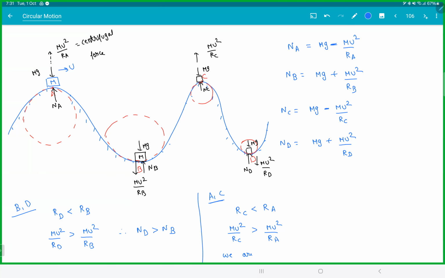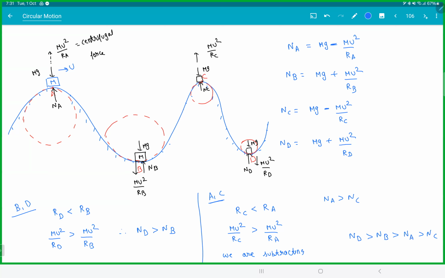Means for C you're subtracting more. Therefore, NC must be less than NA. Or you can say NA is greater than NC. There. So your final answer, D is the biggest, then comes B, then comes A, and then comes C.